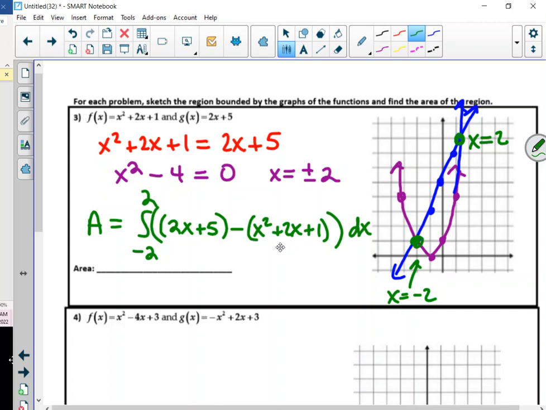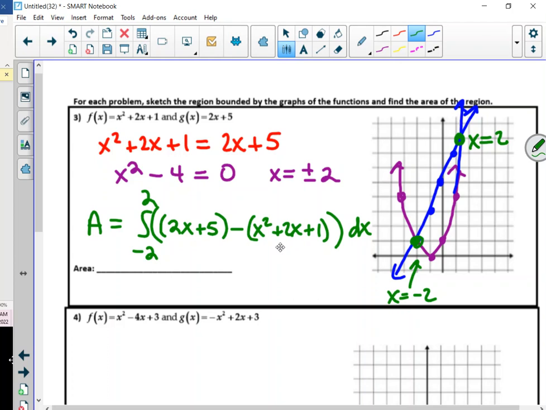What did I do wrong here? Oh, that's a plus one. Okay, there we go. x plus 5, x squared plus 2x minus x squared minus x.